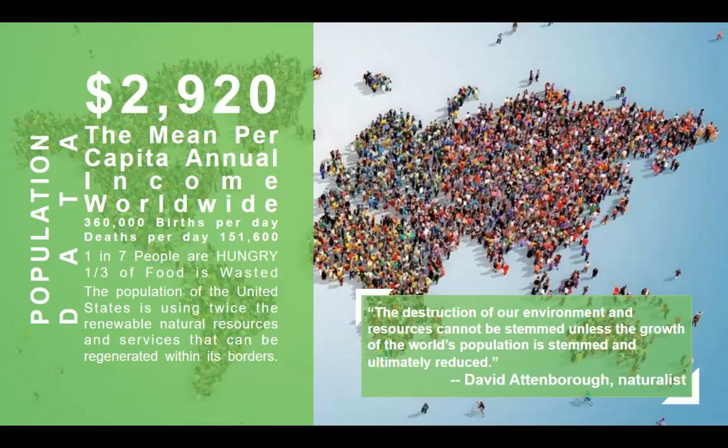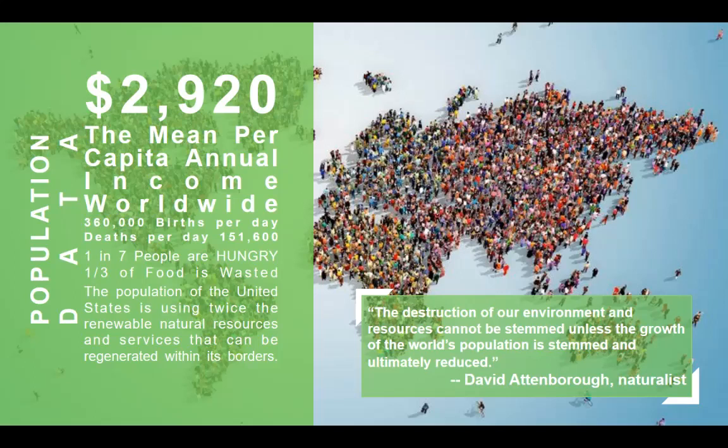That's it. And yet at the same time, while we've got these big economic gaps, there are about 360,000 births per day and only 151,600 deaths per day. So when you start looking at that, that's not zero growth. We are increasing the population at a pretty heavy clip.